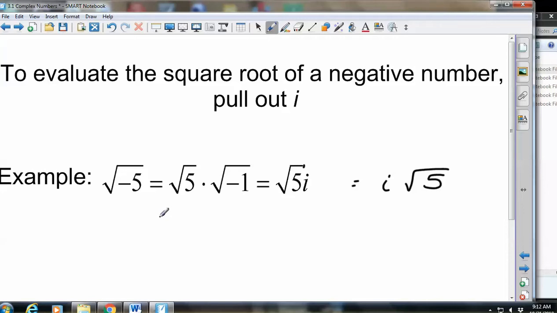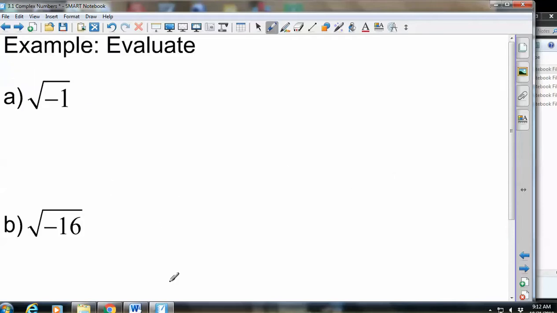So let's start just by reducing a few radicals before we start doing any other operations with it. What's the square root of negative 1? i, that's the definition. Square root of negative 16.